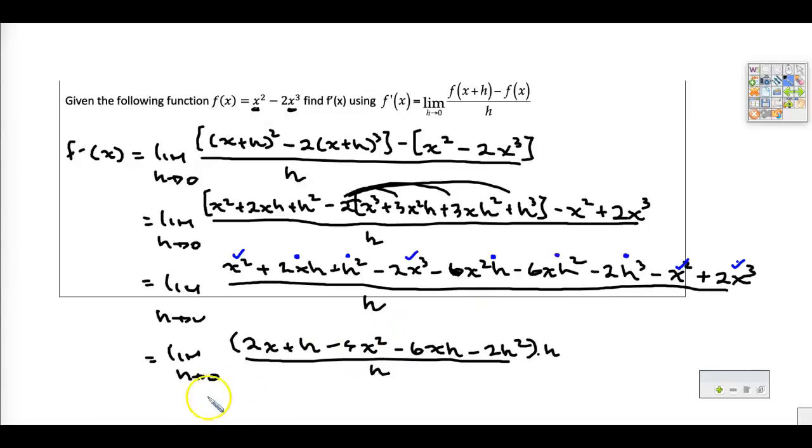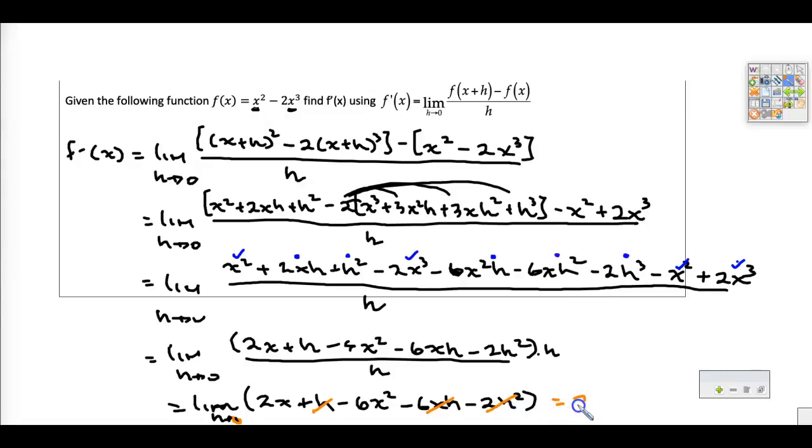So when the h's cancel, you get the limit as h approaches 0 of 2x plus h minus 6x squared minus 6xh minus 2h squared. And when you use your direct substitution, because h is approaching 0, this will go to 0, this will go to 0, and this will go to 0.